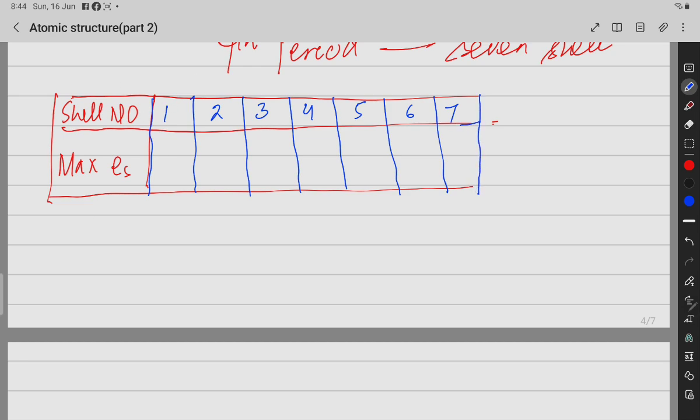The maximum electrons which can be accommodated in the first shell is 2, in the second shell is 8, and the third shell is again 8 according to the O level syllabus, the fourth shell 32, the fifth shell 50, and the sixth shell 72.